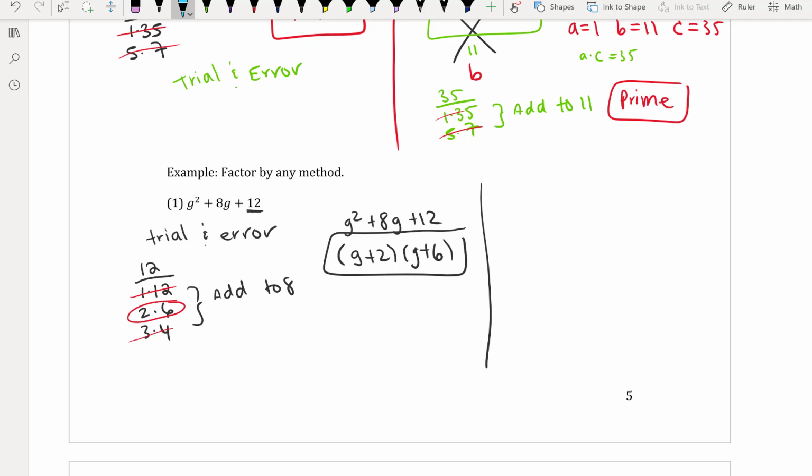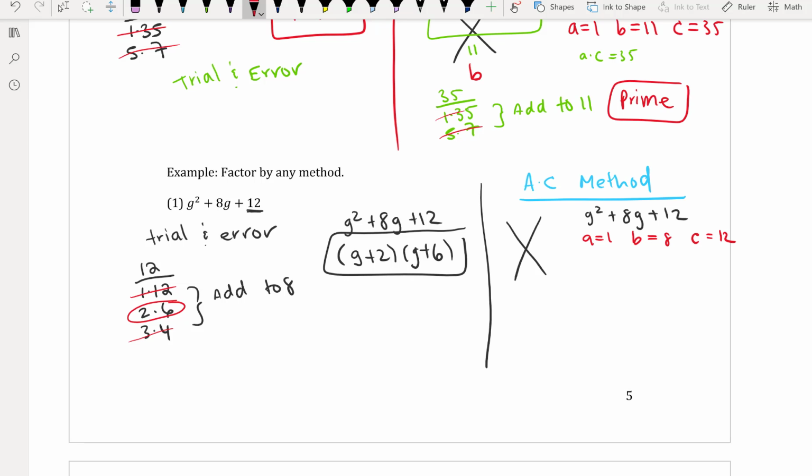Okay. Now if you're like, I don't really understand that, and I really like the AC method, well, that's fine. We can also do this using the AC method. Remember, I still have my g squared plus 8g plus 12. So I have my A equal to 1, B equal to 8, and C equal to 12.